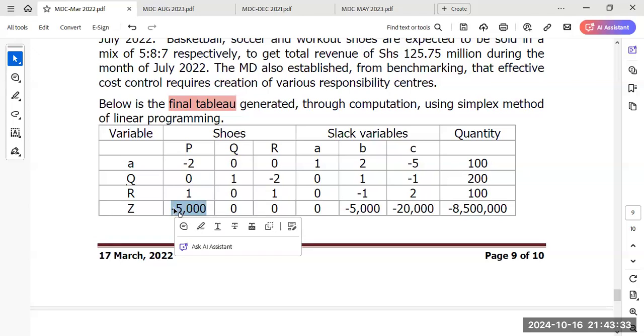Every pair you produce, your profit will decrease by what? By 5. Remember, this 5 is P. That is the meaning here.